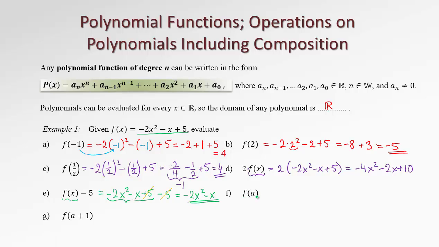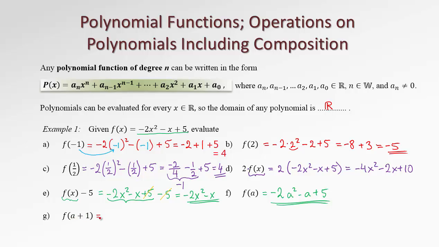Let's try f of a. Well, f of a is really easy. We just need to replace x by a. So everything is the same except that instead of x we write a. In the last question we need to evaluate f of something bigger, of a plus 1, of the whole expression.